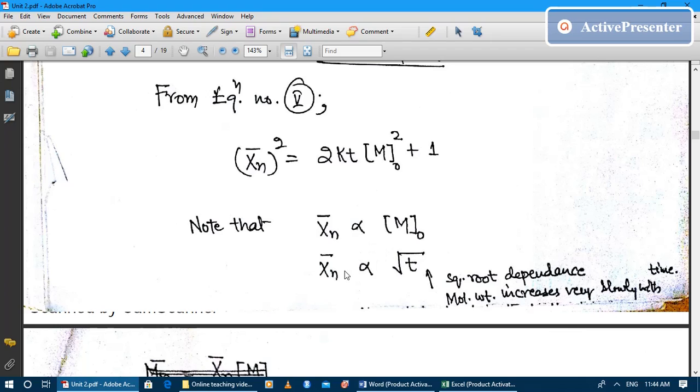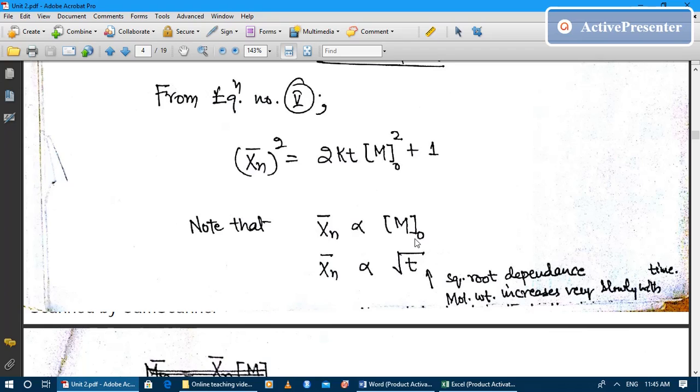So we can say the number average degree of polymerization depends upon the under root of time. This is known as square root dependency.